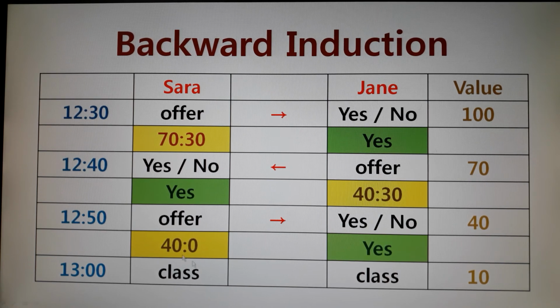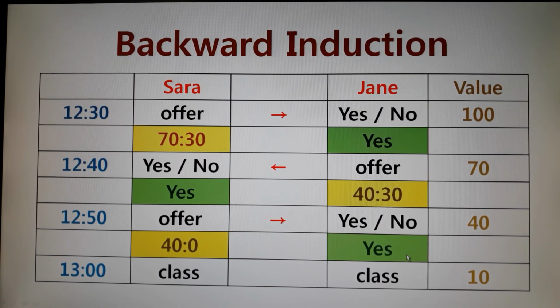Somebody said, what if 0.01? So basically, she would say yes. So it should converge to 0 mathematically. Realistically, Sarah offers very little money to Jane, very little piece of pizza, and she keeps almost all 40, and Jane still would say yes.